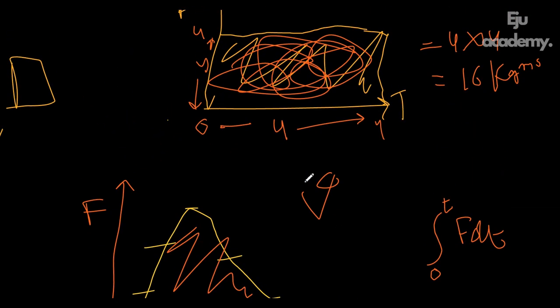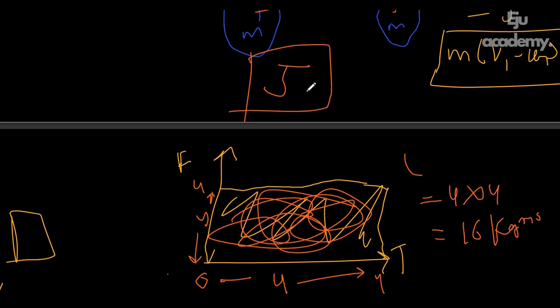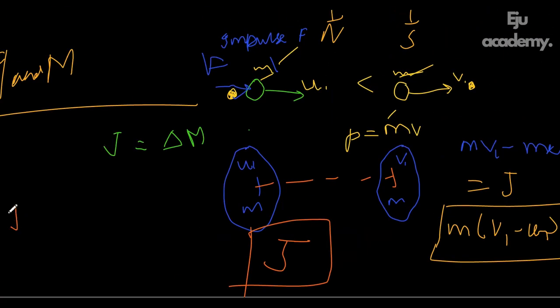So what we are essentially trying to explain here is that the force-time graph gives us impulse, which is denoted by J, our best friend. J is going to be our impulse.